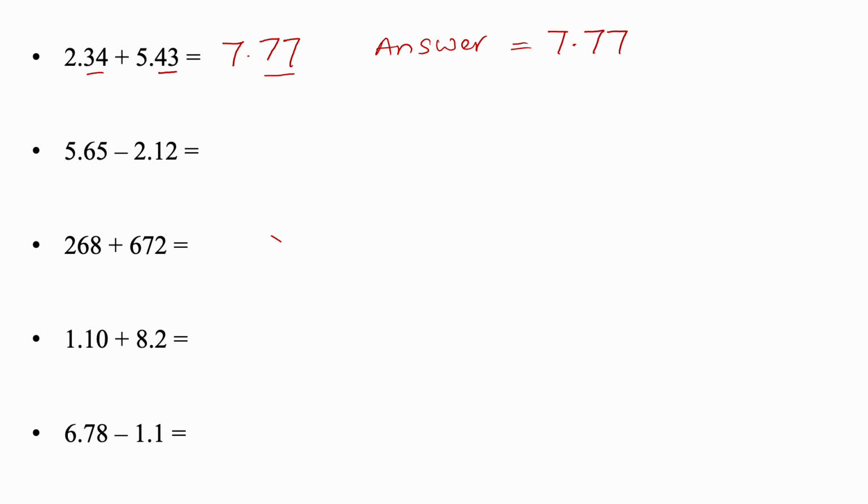Next one, 5.65 minus 2.12, which gives you 3.53 in your calculator. However, when you check the given numbers, 5.65 has 2 decimal places, 2.12 has 2 decimal places, and now your answer also has 2 decimal places.